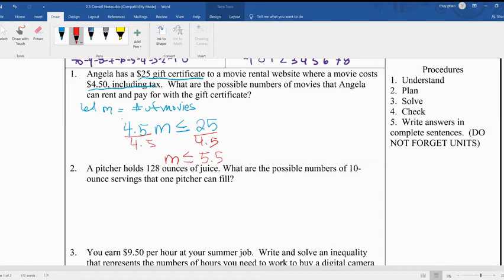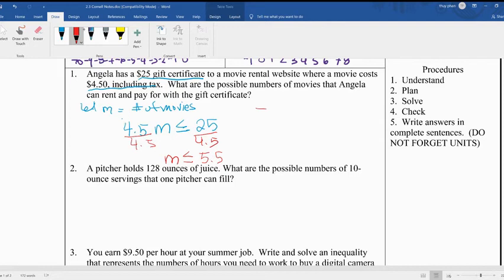So let's think of this logically. We know the number of movies has to be less than or equal to 5.5 movies. Remember, because it's a real life problem, you can't have half of a movie rental online. They charge you for the full movie, so you only buy one movie for that whole movie. No half price or whatnot.